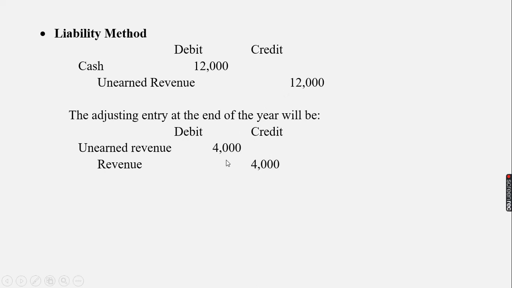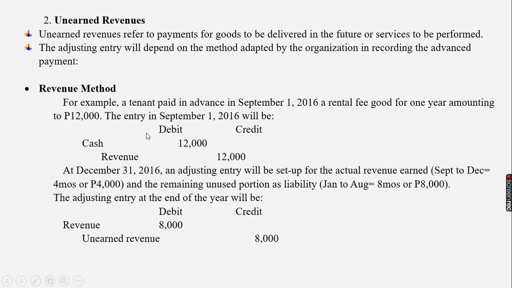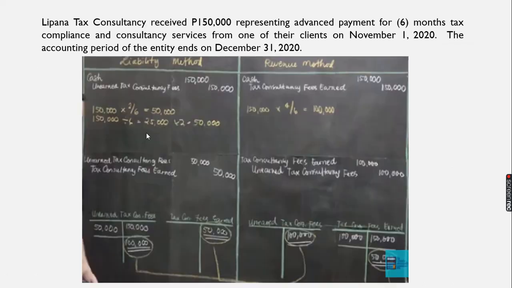Ayan, 12 minus 4 is 8, so magiging 8,000 na lang yung balance dun sa unearned revenue mo, di ba? So, yun yung liability method ng unearned revenues, okay?